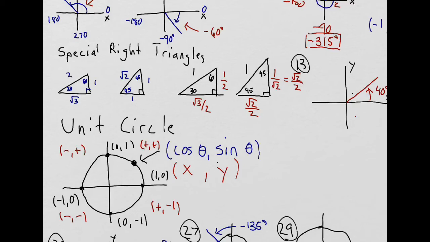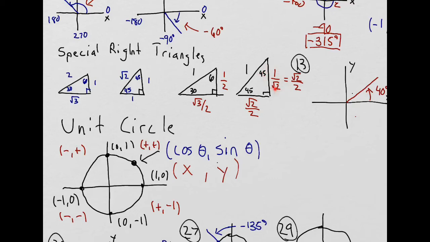You have to do something similar for the 45, 45, 90 triangle, right? In the normal 45, 45, 90, you have square root of 2 for the hypotenuse. We need a 1, so we have to divide by the square root of 2. So we do 1 divided by the square root of 2.